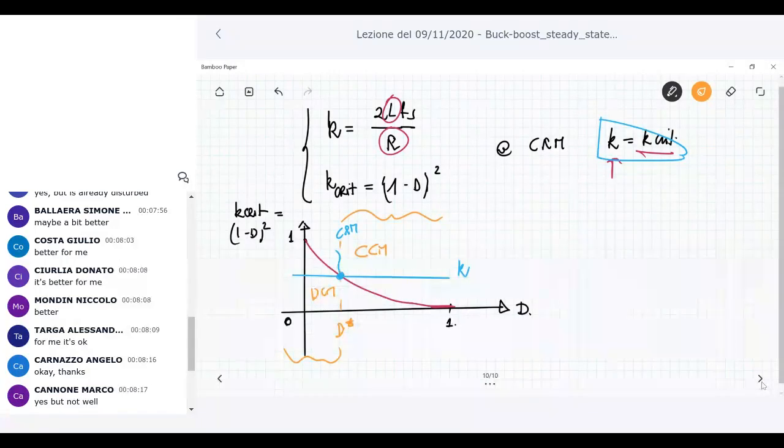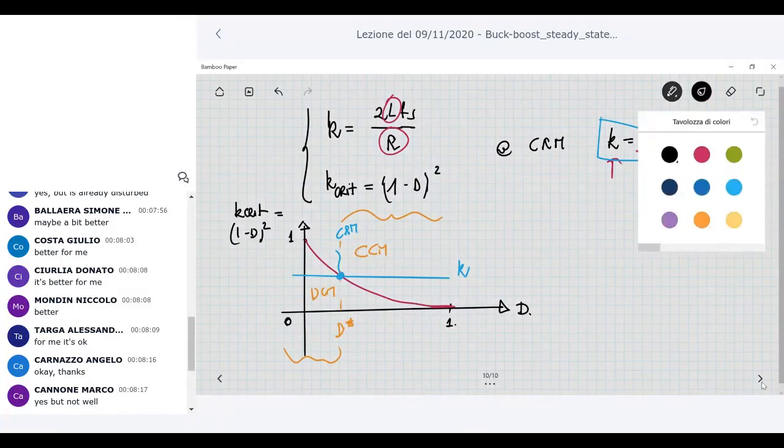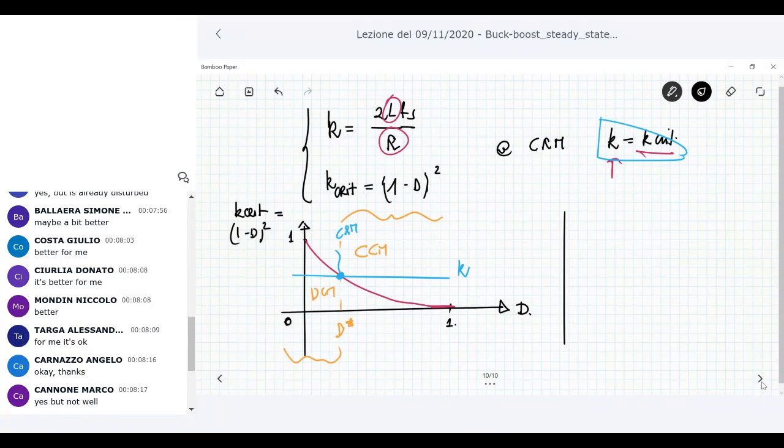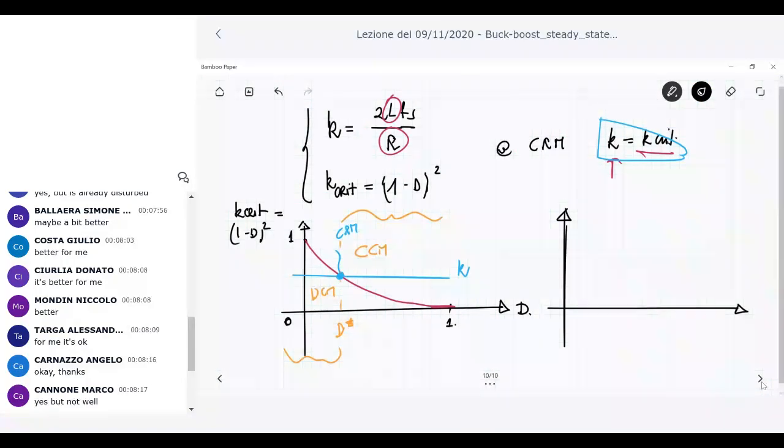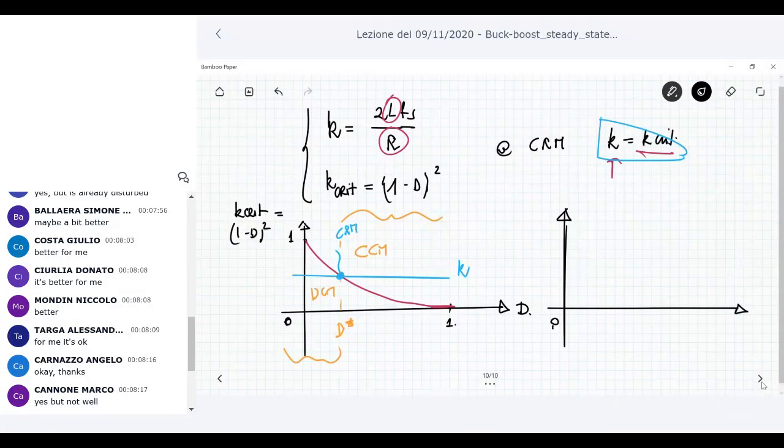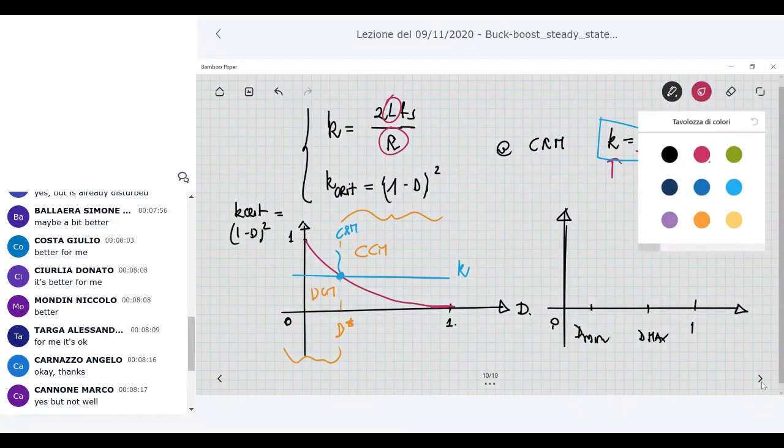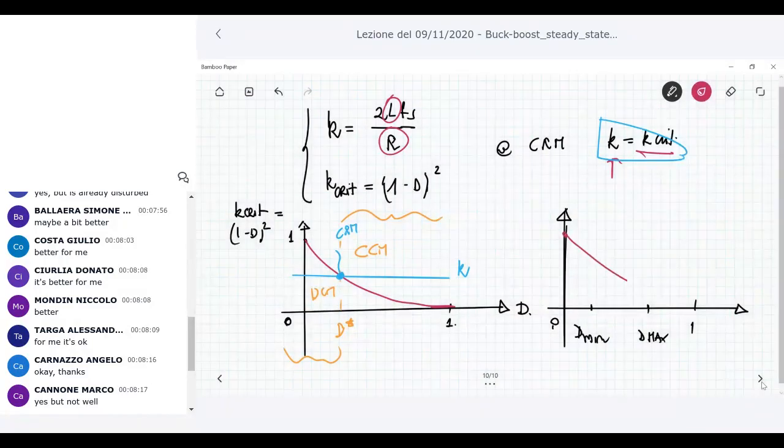What happens when you have, as it always happens, a variation of duty cycle between a minimum value and a maximum value? If you have the minimum and the maximum, and this is K critical.